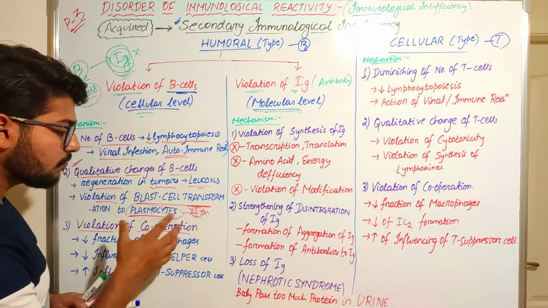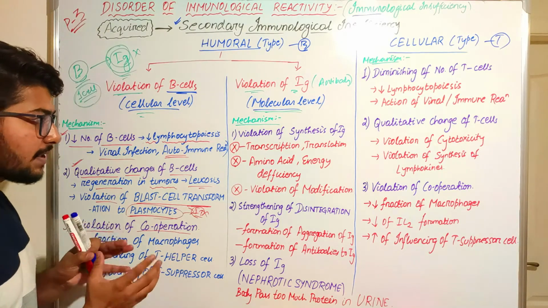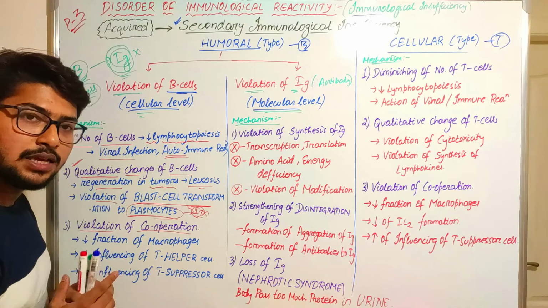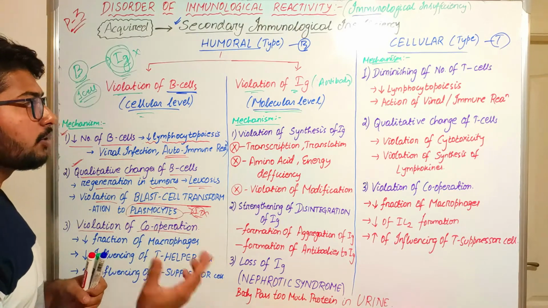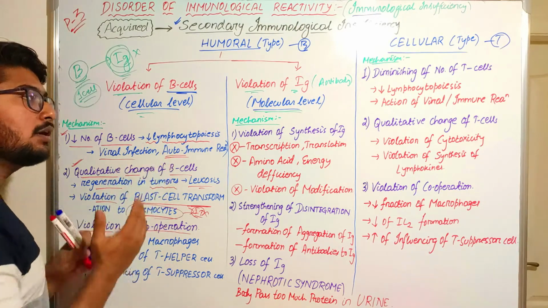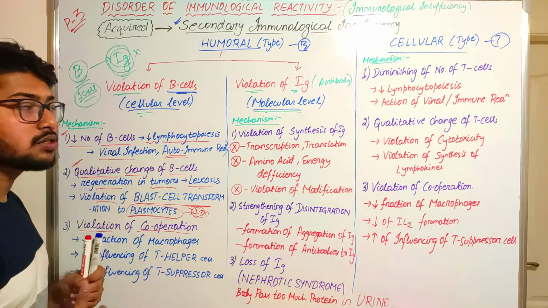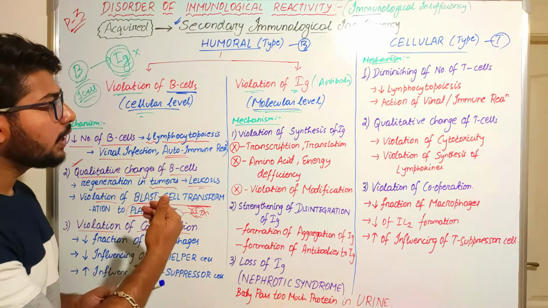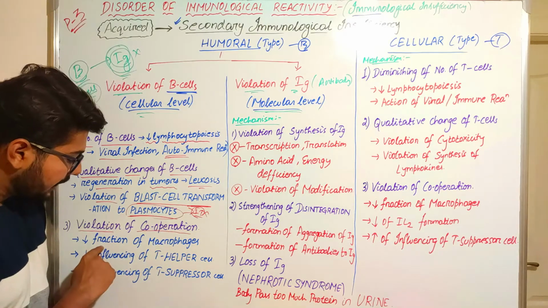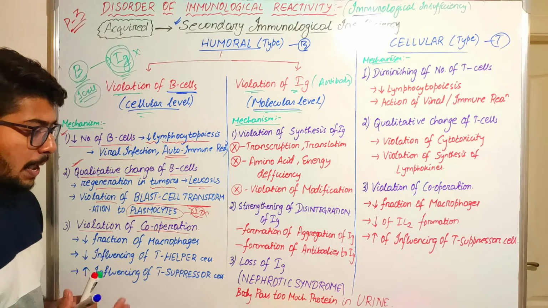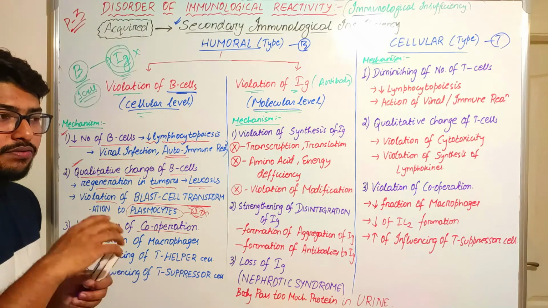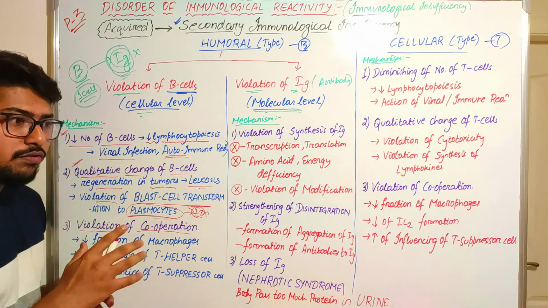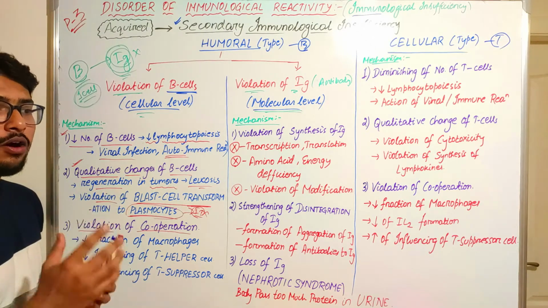Next comes the violation of cooperation. It means the cells that help the B cells during the process of production of antibodies. It happens when there is a decrease in the fraction of macrophages. What are the functions of macrophages? Macrophages are present in our blood.